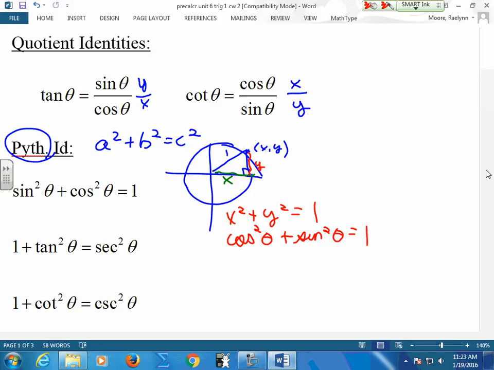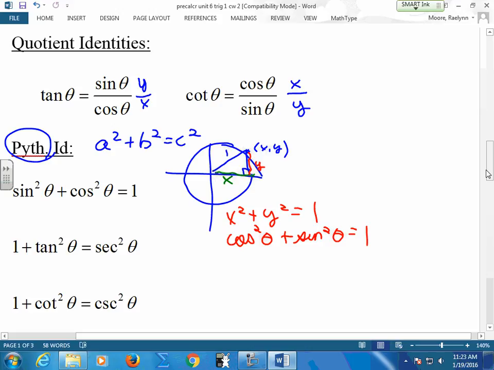That's all it is. An easy way to remember it. Just x squared plus y squared equals 1. Cosine squared plus sine squared equals 1. It doesn't matter if I say sine squared plus cosine squared. That's fine too.